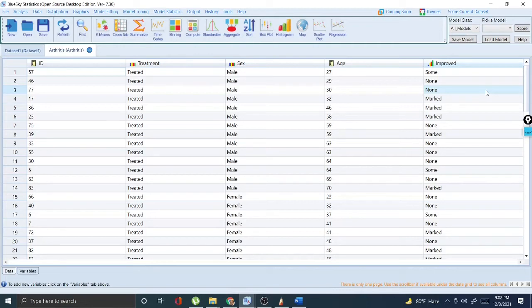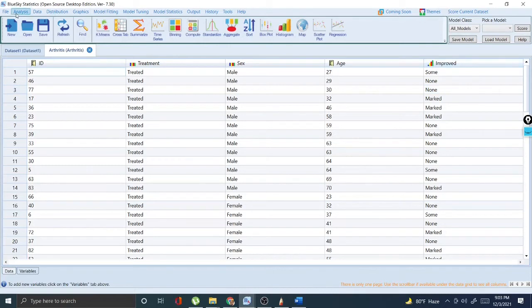If the p-value is greater than 0.05, in that case we will say that these two groups, for instance here improvement and treatment, are independent, so the decision of one group does not affect the other group. That is the meaning of the chi-square test.